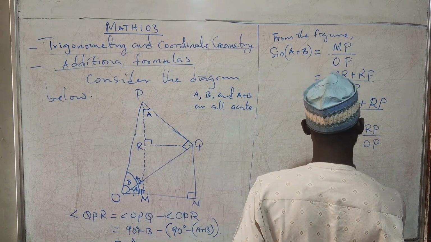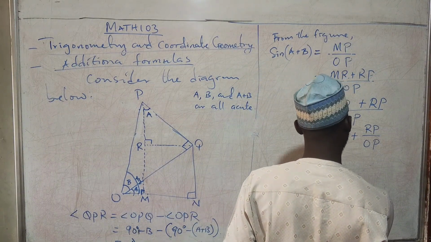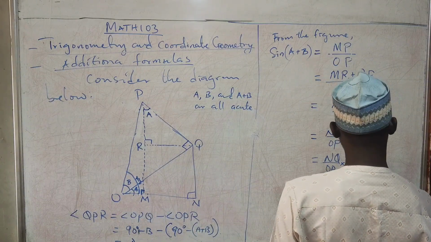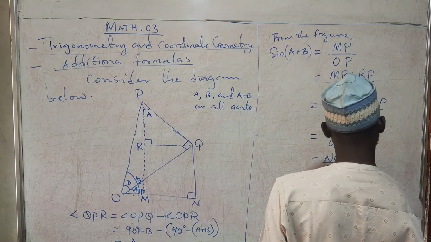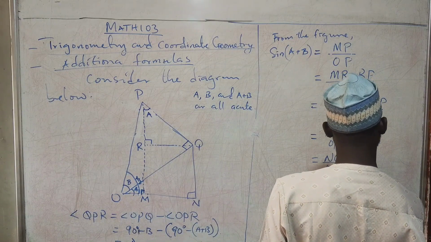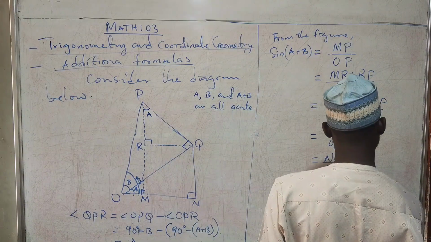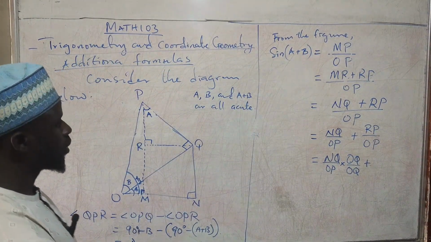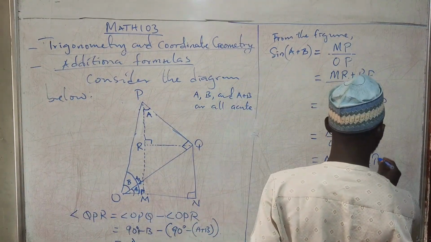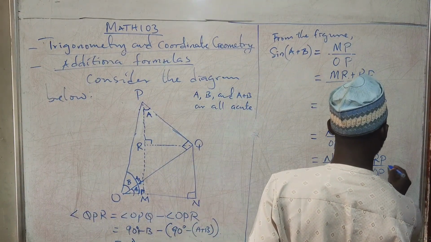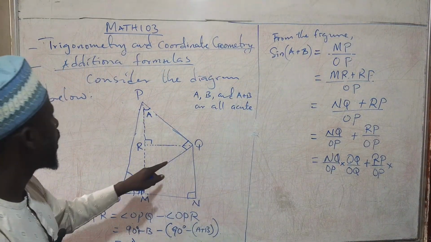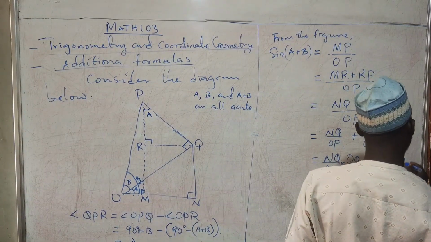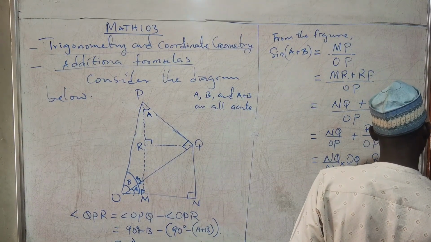So I can say NQ over OP times OQ over OQ plus I can now multiply this by, I can say RP over OP times QP over QP.